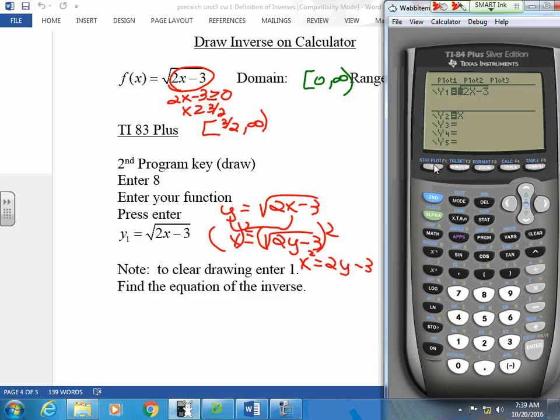Add 3 and then divide by 2. So let me try that. Let me put that in there and see if this is working for me. I'm going to put this new equation in here.